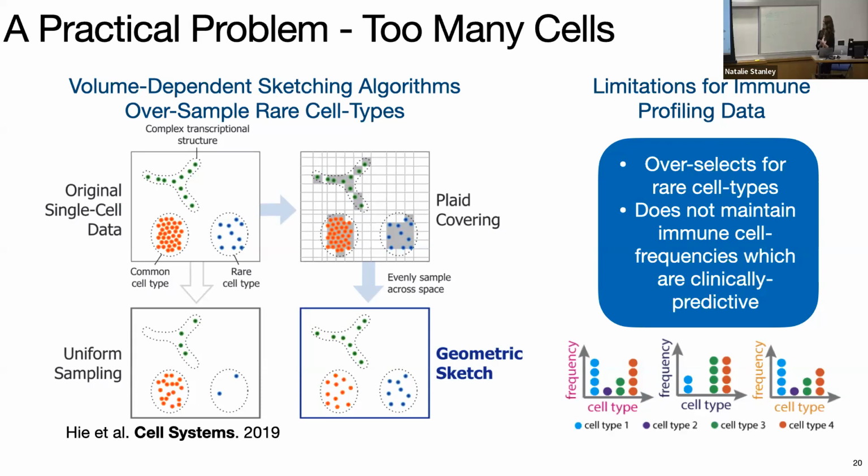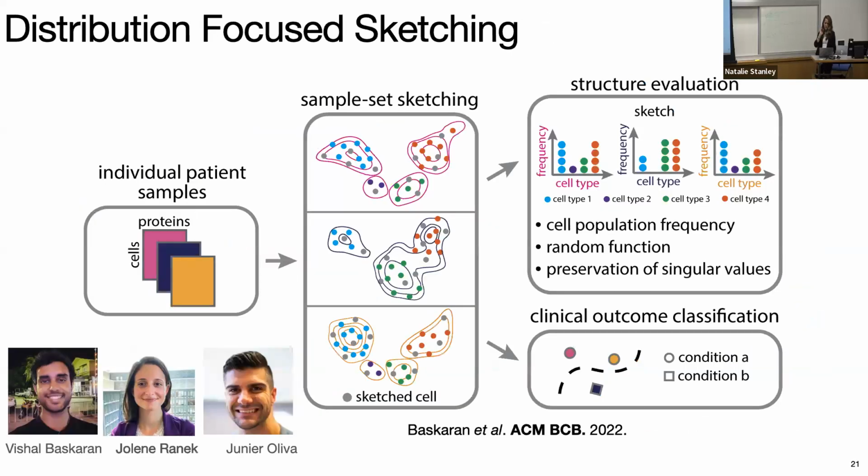So we wanted to develop a new sketching approach that would preserve these relative frequencies, but still include rare cell types, with their respective frequencies. And so we developed this approach, which we call distribution-focused sketching, because the idea is that it preserves a lot of the underlying statistical properties of the original data, but most notably, it preserves frequencies across major cell types.